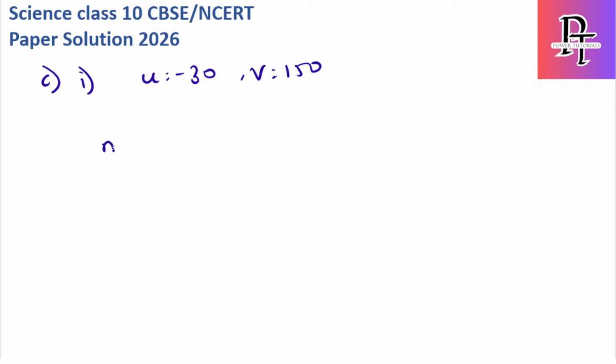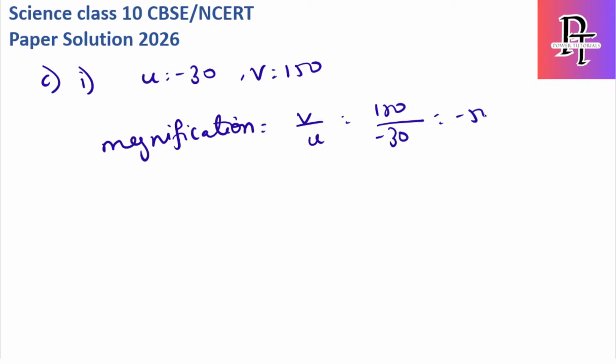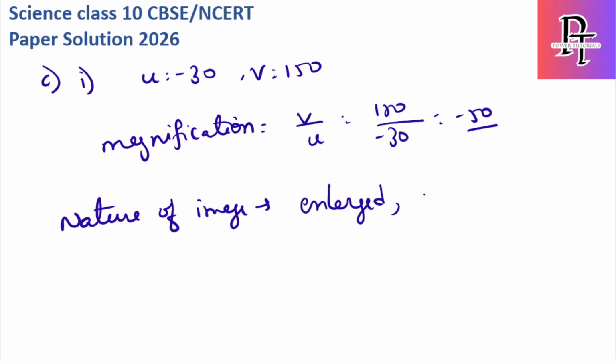So what is the magnification formula? For a lens, it is v by u. So v is 150, and we got the answer as minus 5 times. So what is the nature of the image? The nature of the image is magnified or enlarged, and it is inverted.